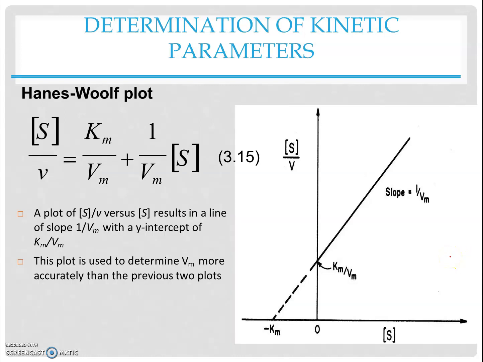The third plot is called the Hanes-Woolf plot, also known as a Langmuir plot.